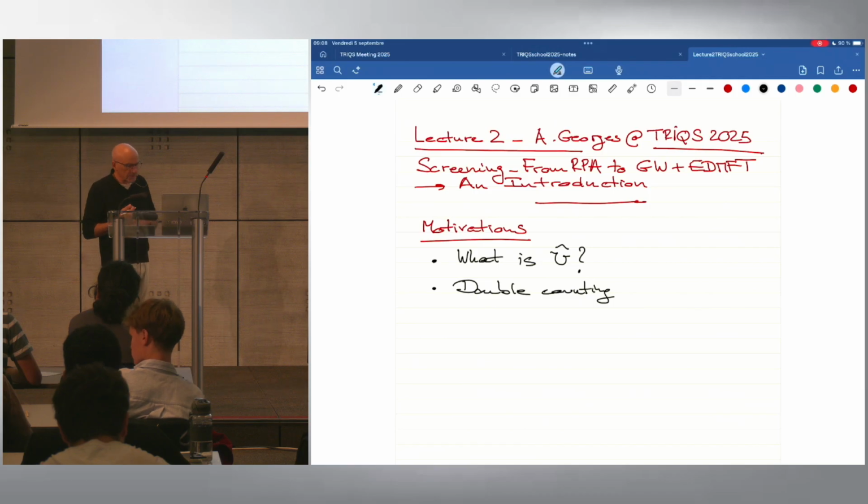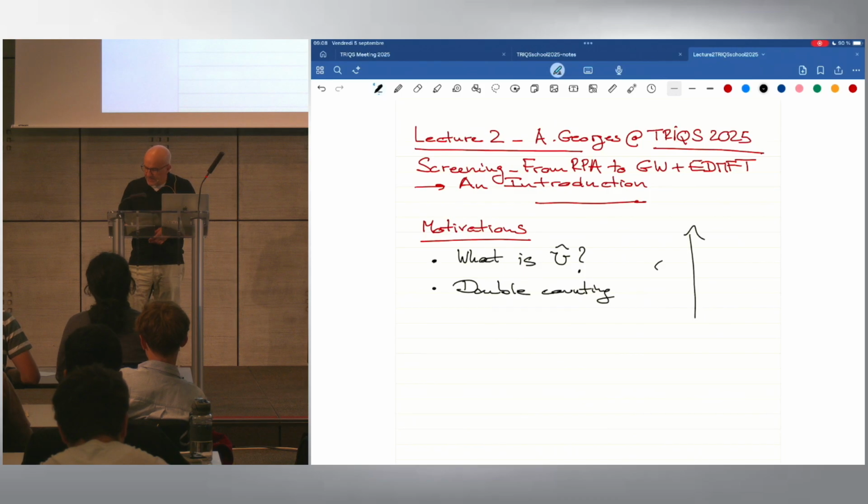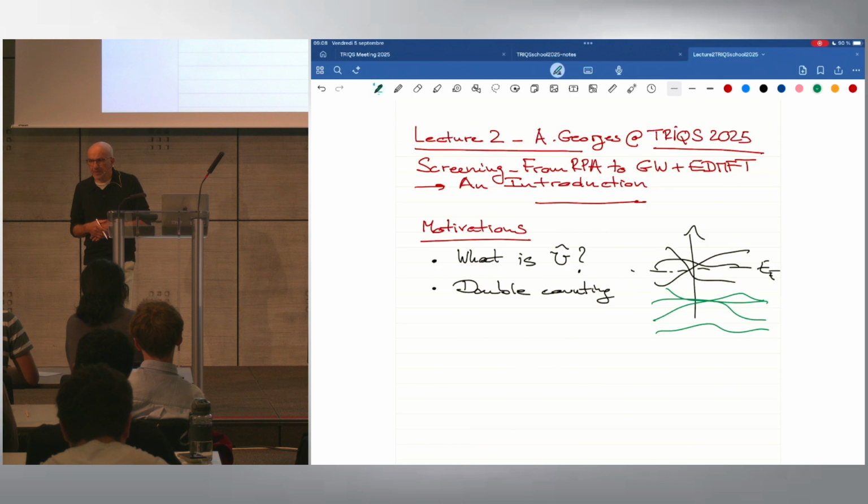Why is this important? Let me just take the example of an oxide. In an oxide, we would typically have some D-like states, which are active near the Fermi level. And then we would have some other states, say oxygen states, which are below the Fermi level.